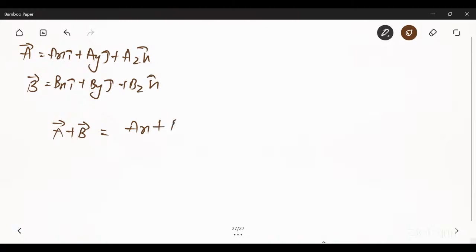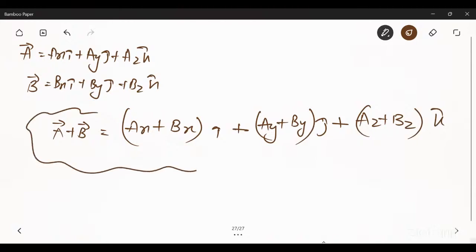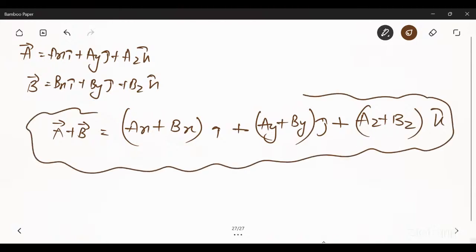So ax plus bx i cap. You have to add only the j cap coefficient with the j cap coefficient, so ay plus by j cap. Next one, az plus bz k cap will be your answer. So a vector plus b vector is equal to ax plus bx i cap, ay plus by j cap, plus az plus bz k cap.